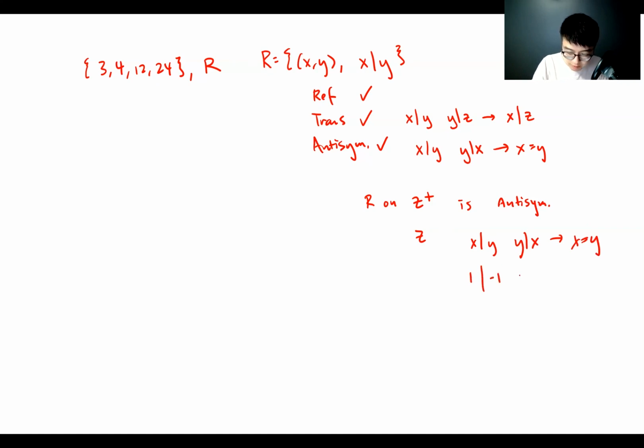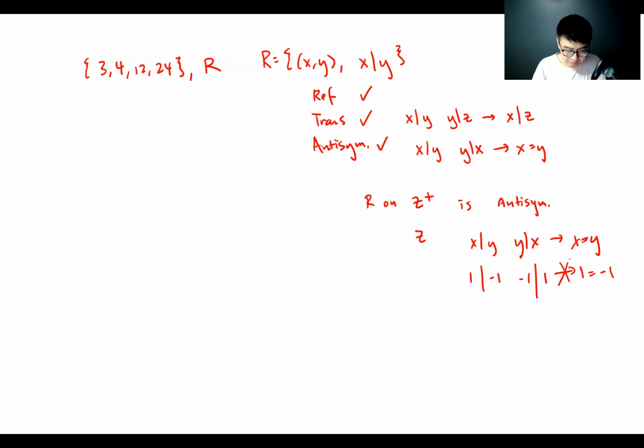That's true. -1 divides 1. That is also true. But is 1 equal to -1? No. So that is a counterexample for antisymmetric. 1 times an integer is -1, and -1 times an integer is 1, but they're not equal. So on a graph, you would see arrows going both ways. So this is not antisymmetric.